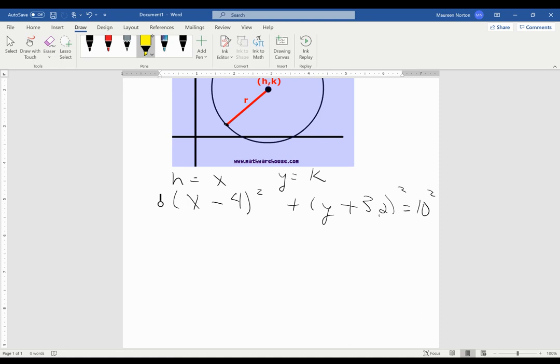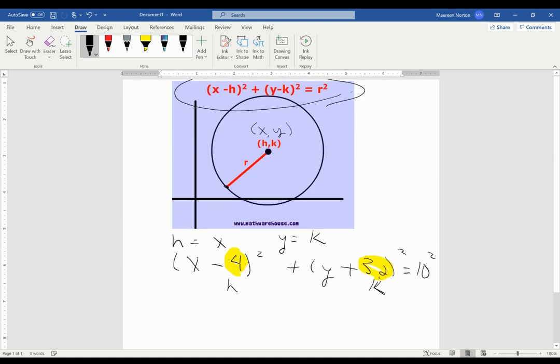This right here is our H, and this right here is our K. But notice that this is negative.